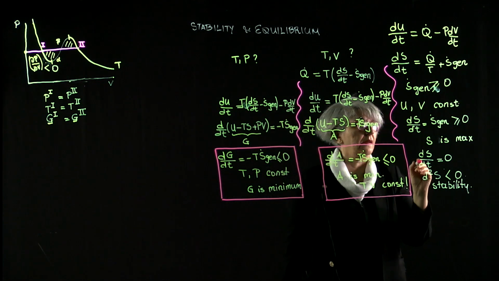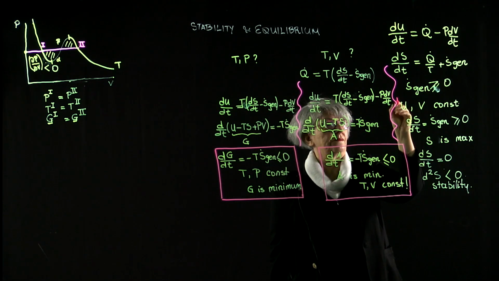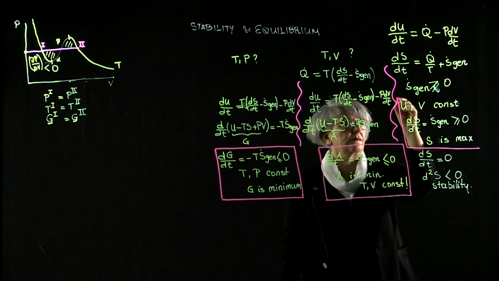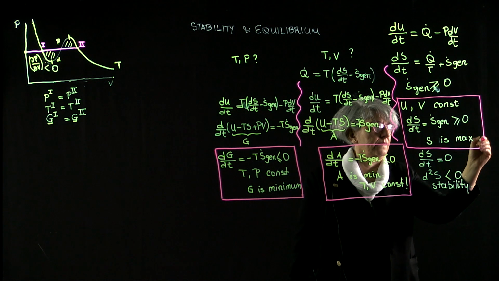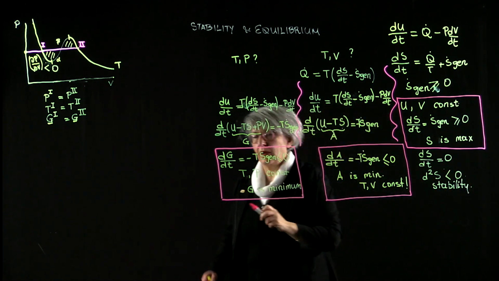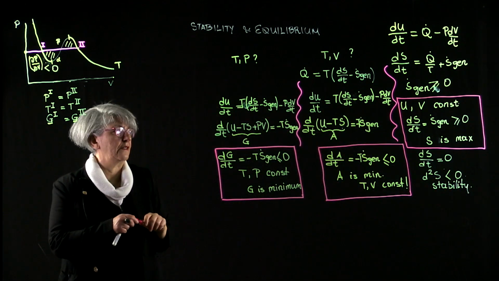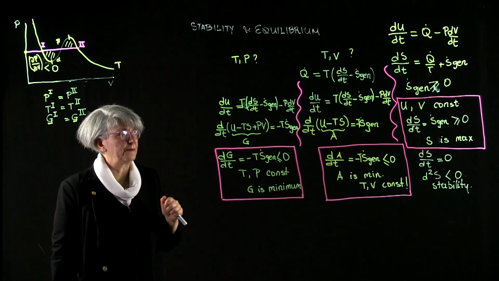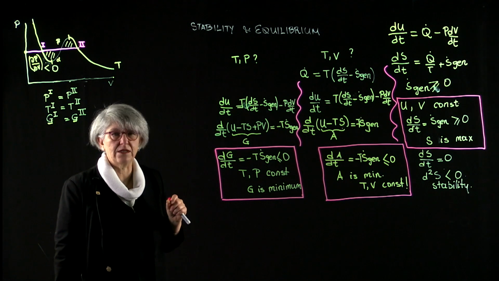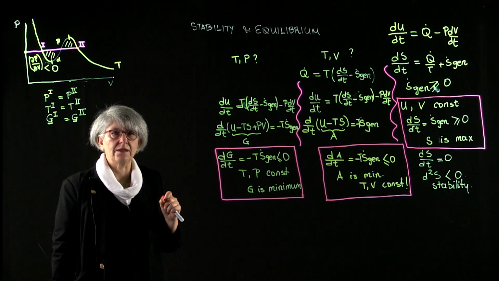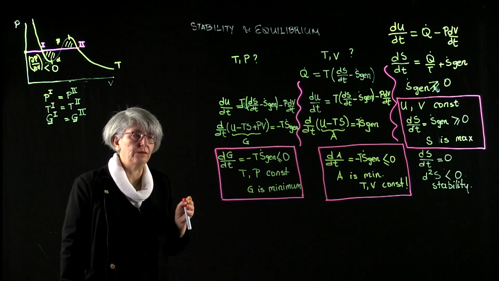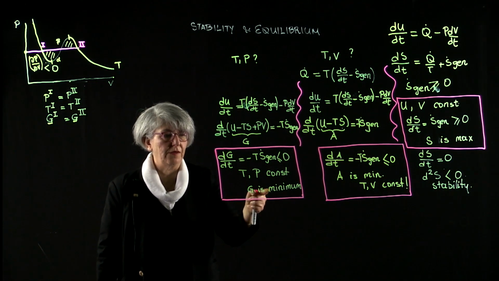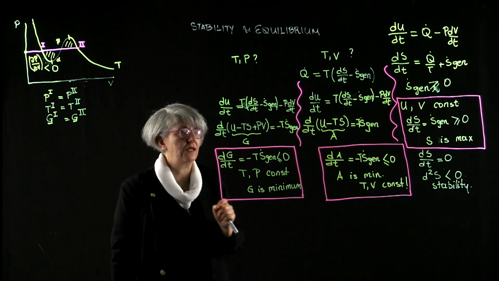All right. Our equilibria has to go through entropy maximization under internal energy and volume constant approach to equilibrium. Under temperature and pressure constant approach to equilibrium, we will minimize Gibbs free energy.